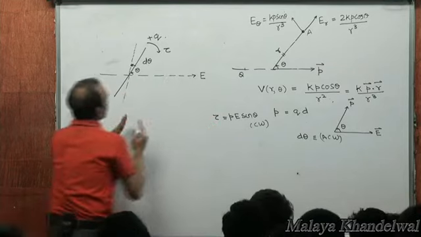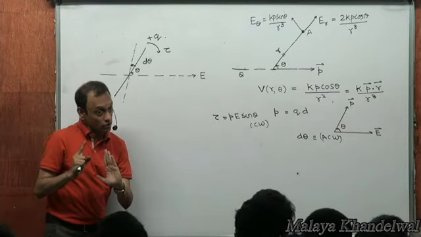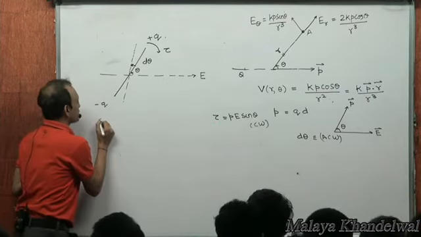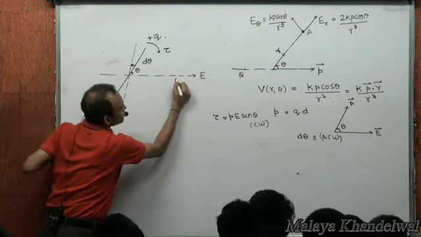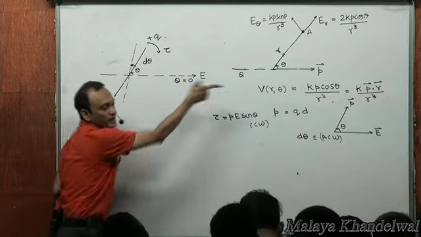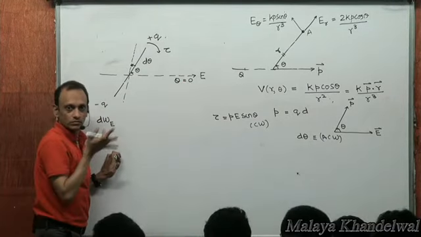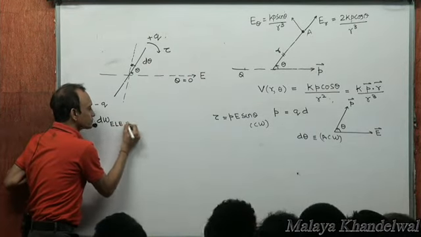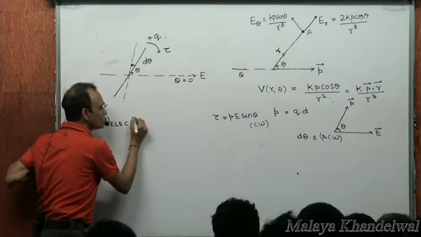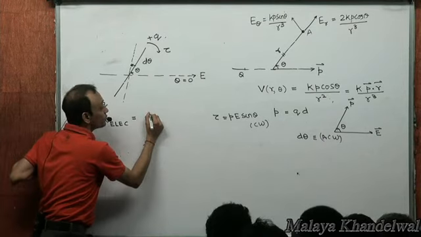So the work done by the electric field is all that I'm talking about. This line is, of course, theta equal to 0. The direction of the electric field is theta equal to 0. Work done by the electric field is going to be the work done by the torque.